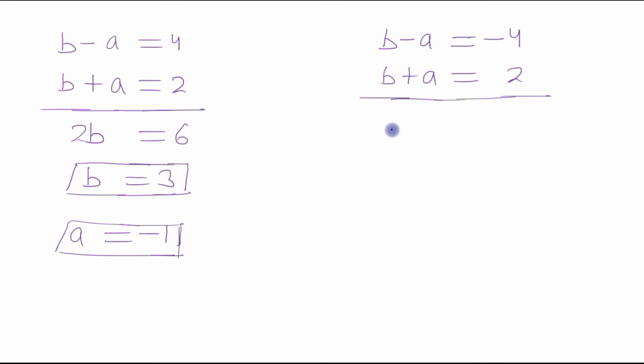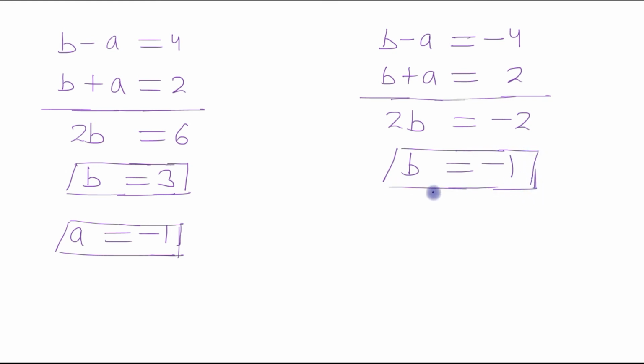This will be cancelled out. 2b equals minus 2 and b equals minus 1. Putting b equals minus 1 in any of these equations, we will get a equals 3.